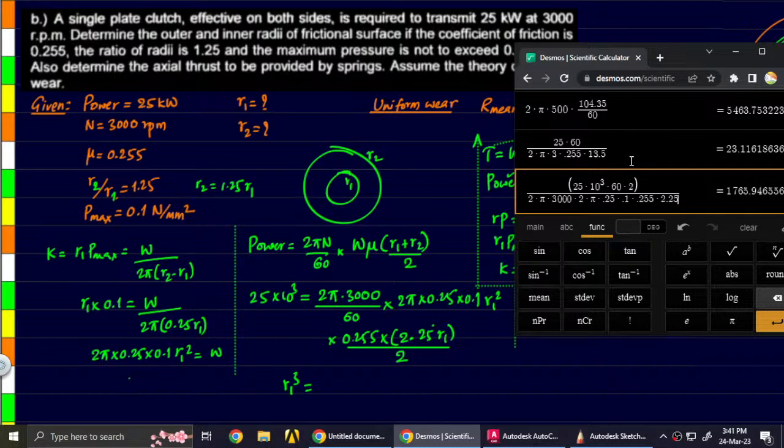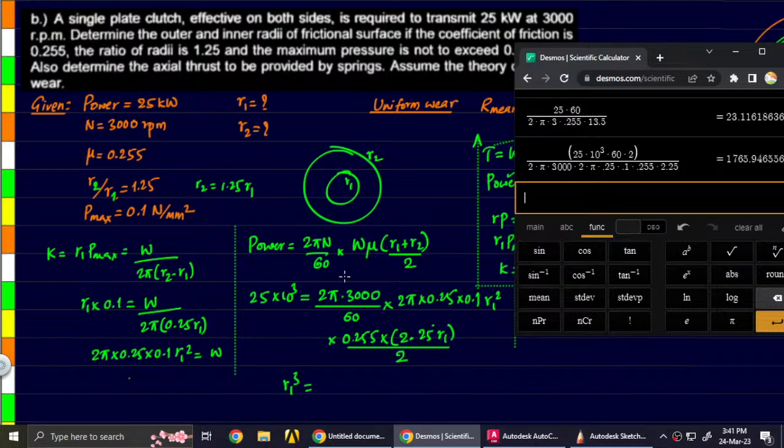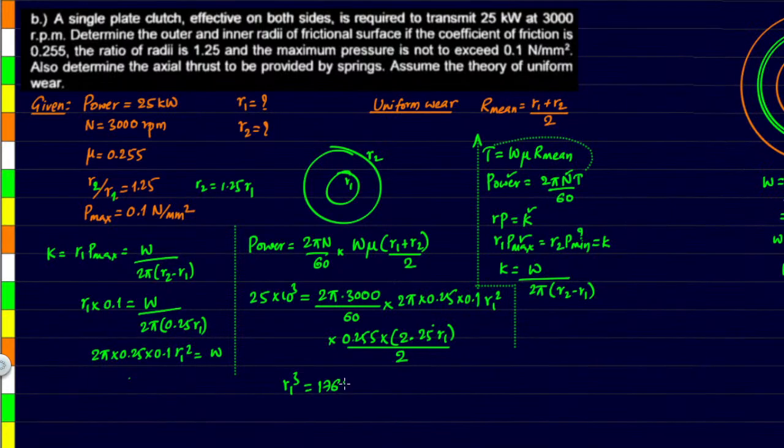Oh, it's a long list. This is the value 1765.95. So this will give us the value of r1.